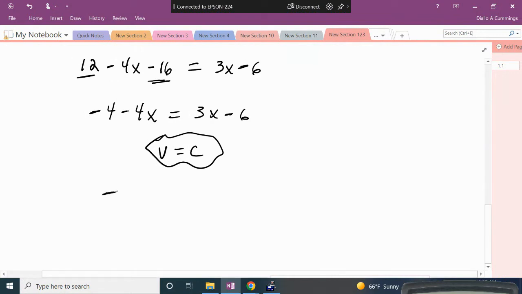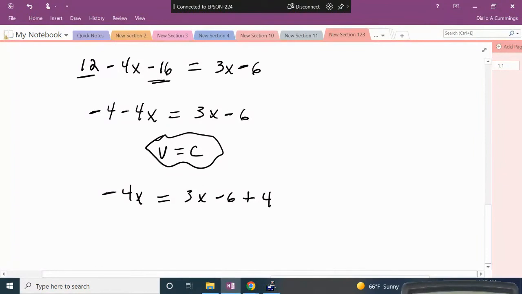I'll bring down -4x is equal to 3x minus 6 plus 4. I transposed -4 from the left-hand side to the right-hand side by simply changing its sign.